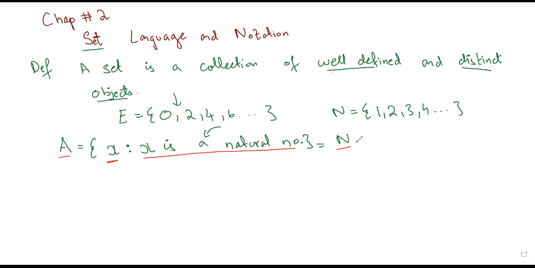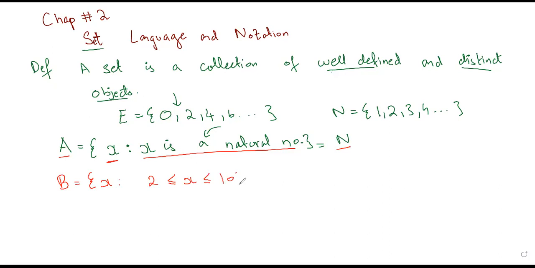Okay, let's talk about another example. We have B. B has X such that X is greater than or equal to 2 and less than or equal to 10. So what elements are we going to have in this set? Anyone?